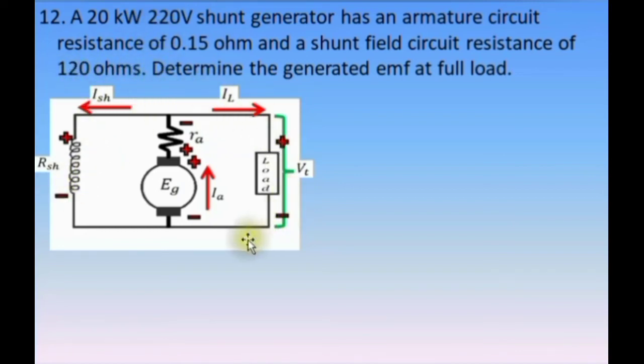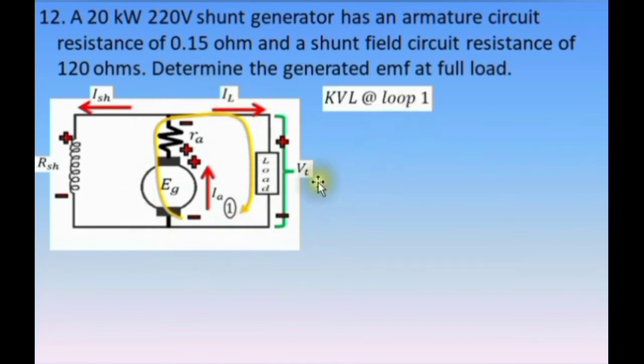Basing from the given values, we need this loop, say loop number 1. Kirchhoff's voltage law at loop number 1, again we have this equation. It starts from the generated EMF, that's positive. Next we have negative IA times RA, that's the voltage drop in the winding of the armature. Then we have negative VT equals 0.